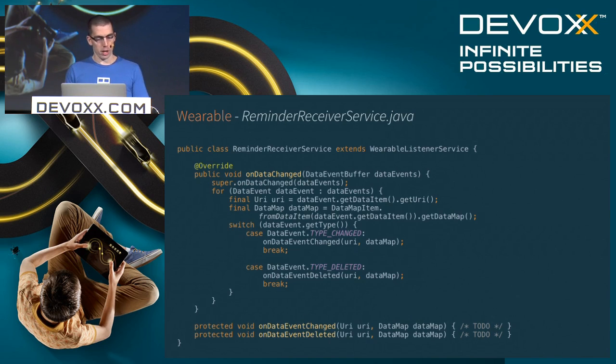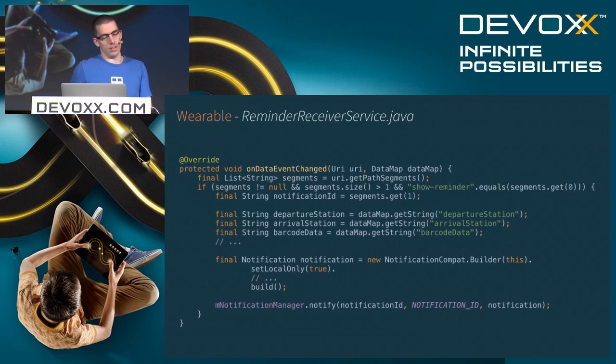So when I have type changed, I call my own data event changed, and when I have deleted, I call my own data event deleted. Let's start with onDataEventChanged.